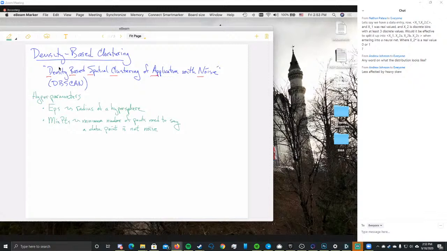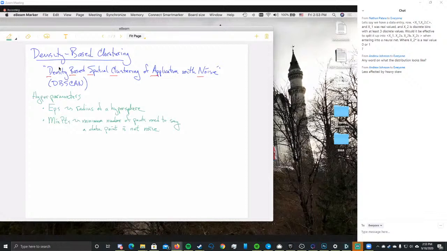All right, and so once you've overlaid this hypersphere on top of the data point, you're going to look at how many other points happen to fall inside of that hypersphere. Count them up, and if the count is greater than or equal to min points, you're good. That's not a noisy point.